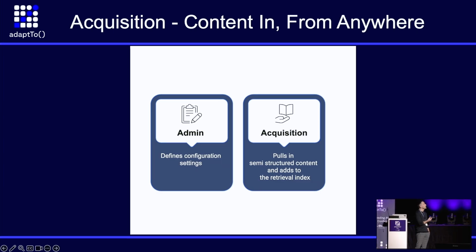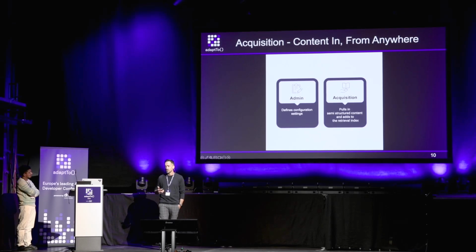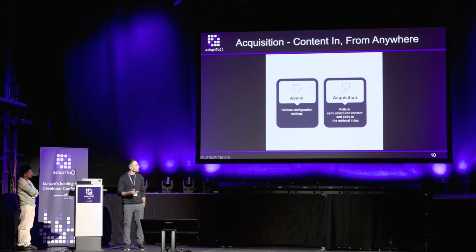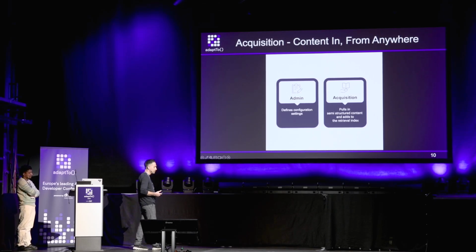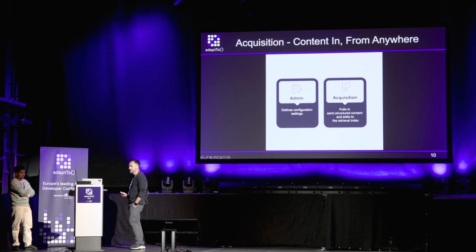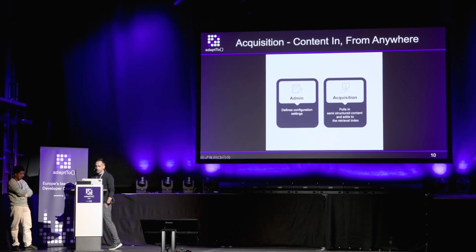You can configure it through the admin API to pull in semi-structured content, and you can configure scraping, crawling, API feed, and there are more connectors about to come, and push it straight into Content AI. So the key here is that we don't want to limit the intelligence to what's inside AEM.